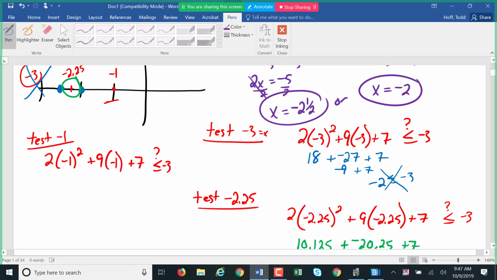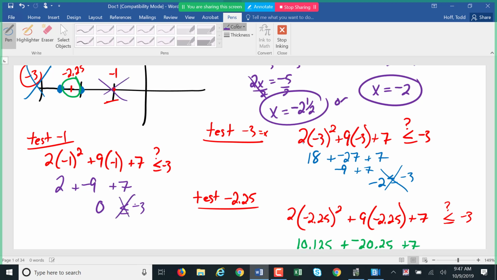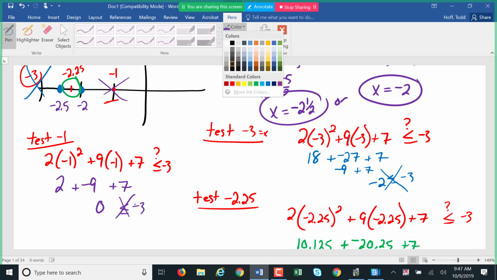Negative 1 squared is 1, times 2 is 2. 9 times negative 1 is negative 9. 2 plus negative 9 plus 7 is 0, and that is not less than or equal to negative 3. So it's not true over there. So here our solutions are between negative 2.5 and negative 2.